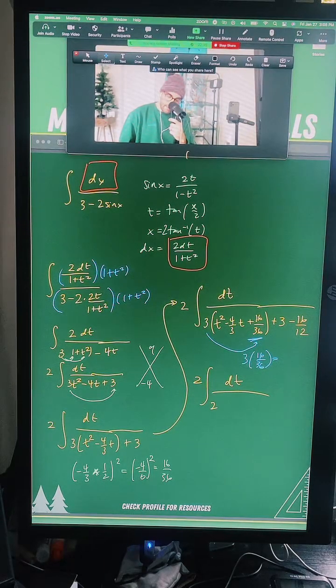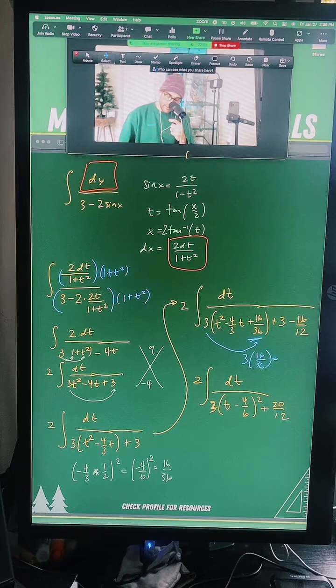Okay, so now we have 2 times, oh, I'm sorry, this was a 3. And then we have t minus, this is going to be 4/6 squared, which is just 2/3. Yeah, we can simplify that later. And then this next one is going to be plus 20/12.